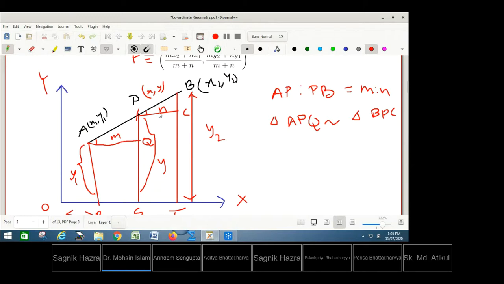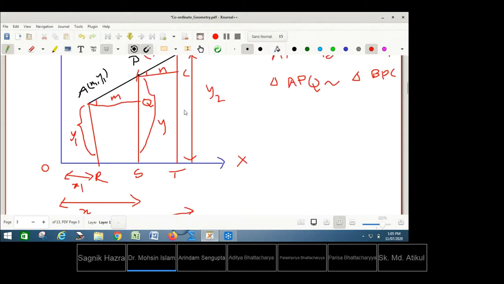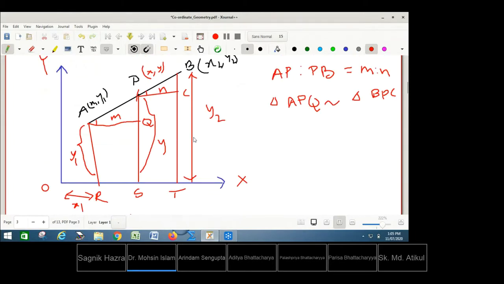Now if these two triangles are similar, we can write the ratios will be identical. PA by BP equal to AQ by PC equal to PQ by BC.